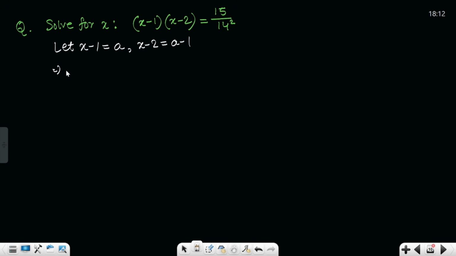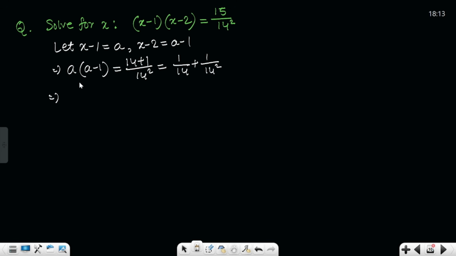So our equation will be a into a minus 1 equal to, now 15 upon 14 square. 15 can be written as 14 plus 1 divided by here it will be 14 square. So now if we break this fraction, this will be 14 upon 14 square. This is 1 by 14 plus 1 by 14 square.